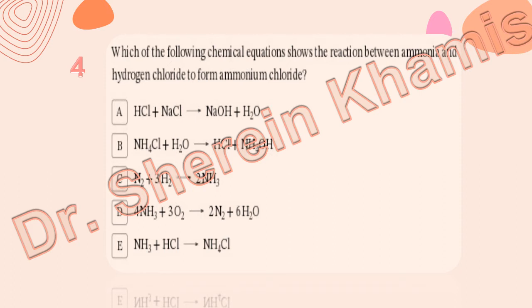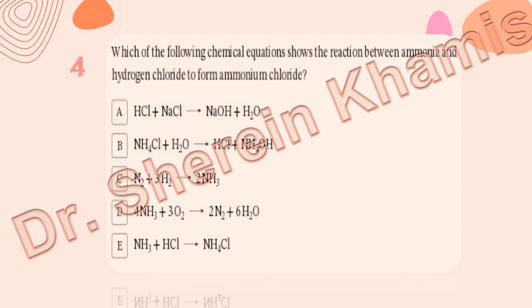Ammonium chloride. The first one, HCl plus NaCl, is wrong. It's a reaction between acid and salt, which gives base and water, so it's not the right answer.